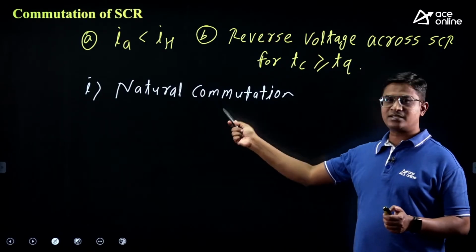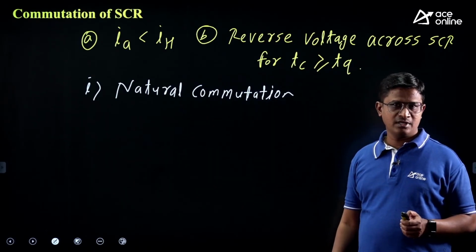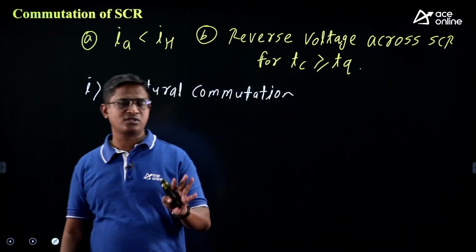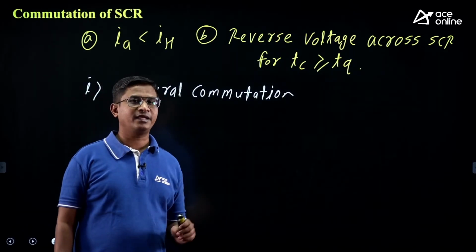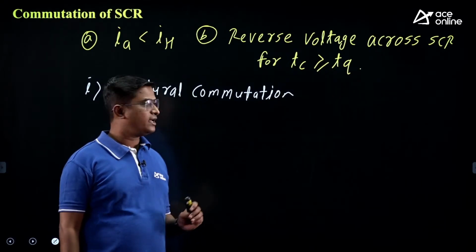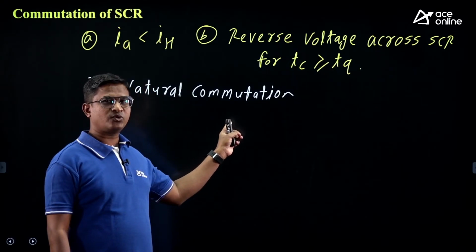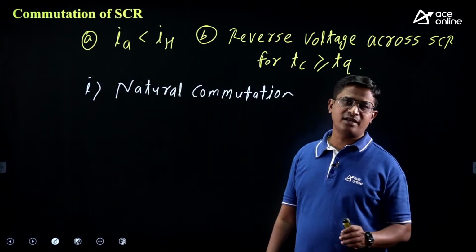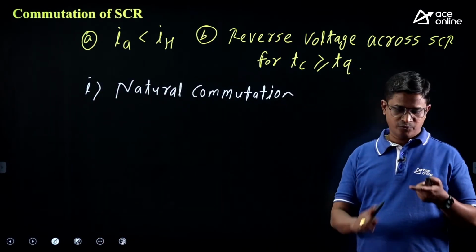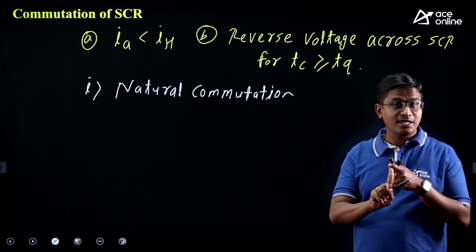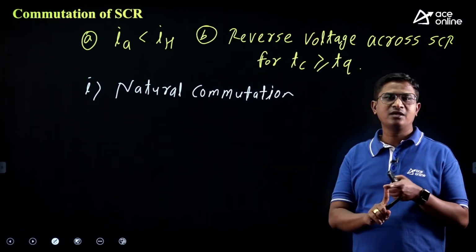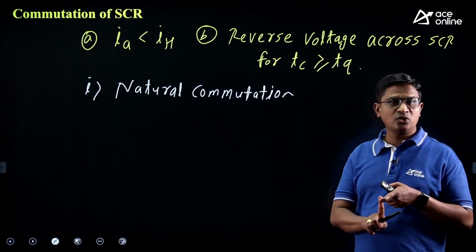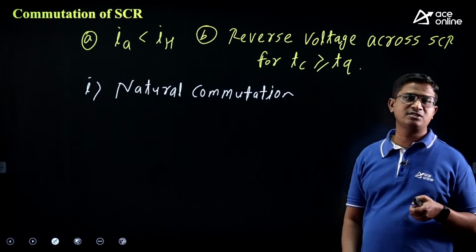So that's why it is known as natural commutation. When the input source is alternating AC, then the SCR turns off due to the nature of source. So tell me the circuitries where input is AC. We have an AC to DC converter, that is a rectifier. Yes or no? We have an AC voltage regulator. So in those circuits natural commutation is used.